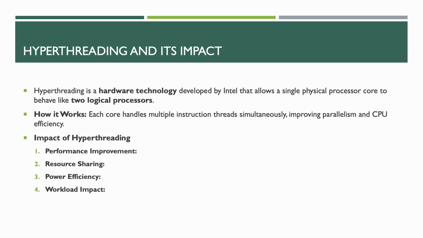Then for resource sharing, logical processors share CPU resources, meaning that while execution improves, performance gains depend on workload type and CPU design. Power efficiency. It allows more work to be done per clock cycle without increasing power consumption significantly.